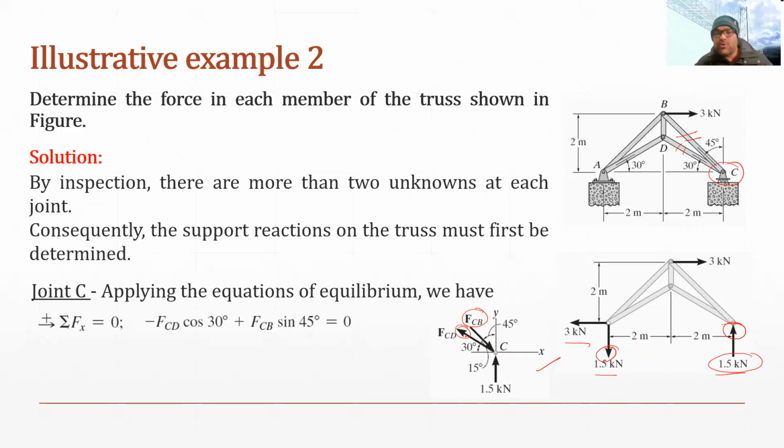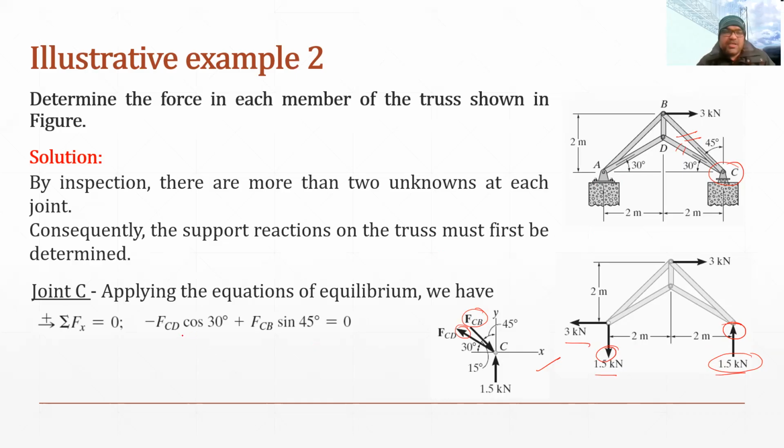So if it is pointing away from the joint, it means we are assuming that force is in tension in the member DC. Similarly, force in BC, it is in compression. So according to that assumption, we have assumed now minus FCD cos 30 degree plus FCB sin 45 degree.